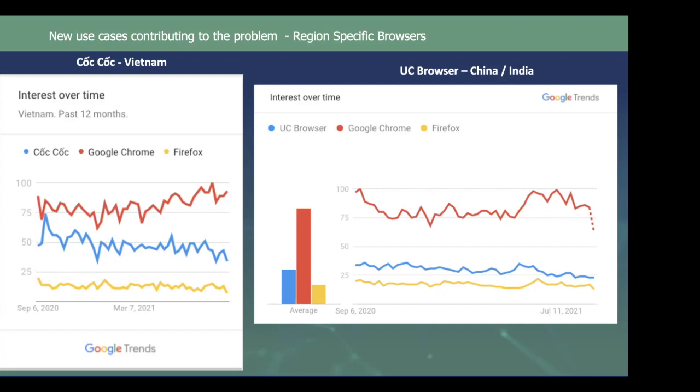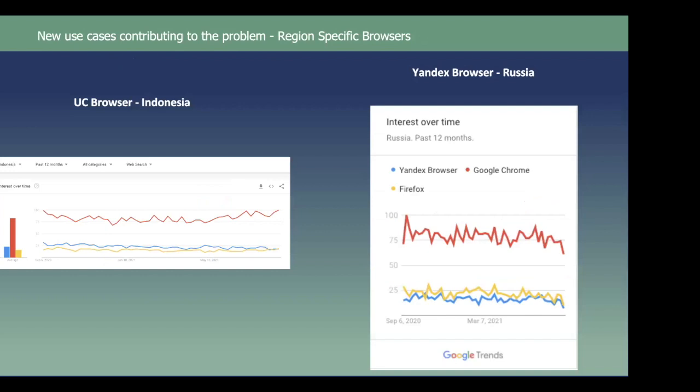In India and China, UC Browser is the second most popular, and in Indonesia too. UC Browser is also Chromium based. Yandex Browser in Russia, I think, is also Chromium based. But the pattern is, it's a matter of time before somebody thinks, why don't we create a new browser? And it is happening.